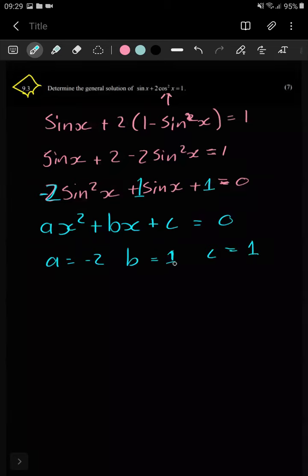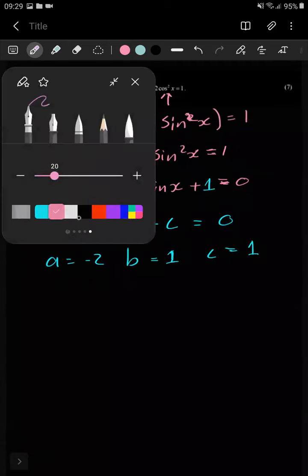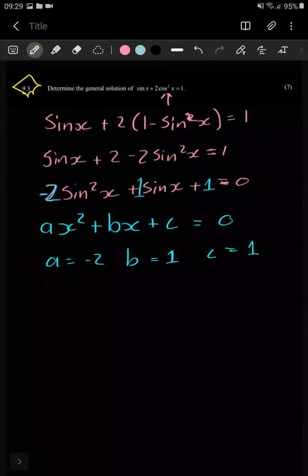So with all this being done, we can now just use the quadratic formula, because why not? Looking at what we have here, where x would be, we have sine x instead.